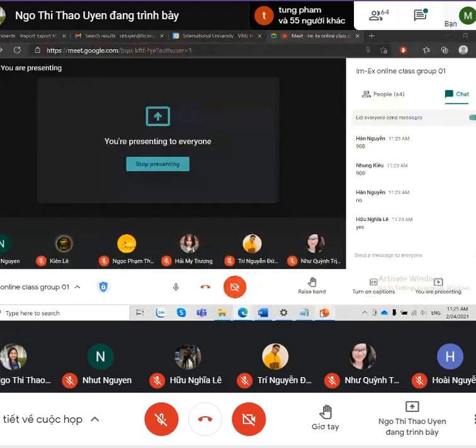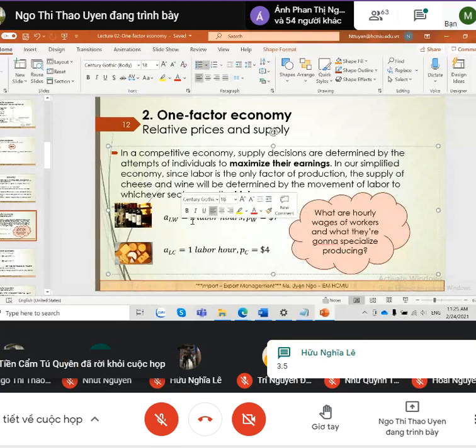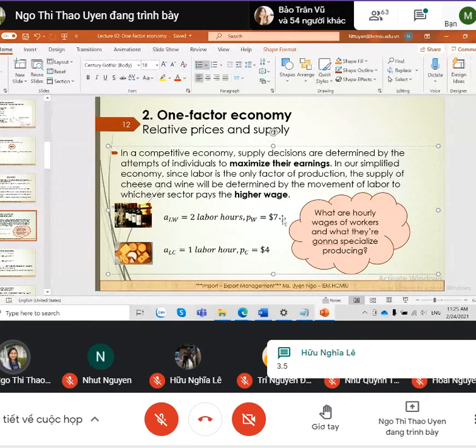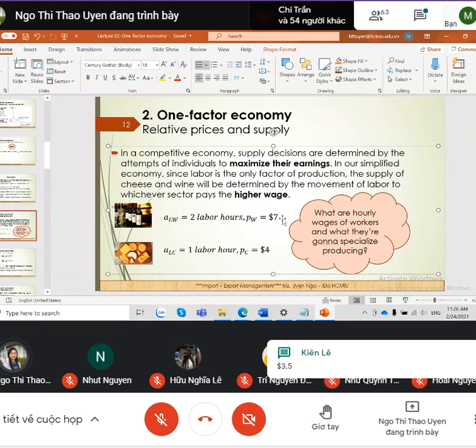Everyone, how much money per hour does the wine worker receive when it takes them 2 hours to produce 1 gallon and the price is $7? And remember, in our economy, labor is the only factor.